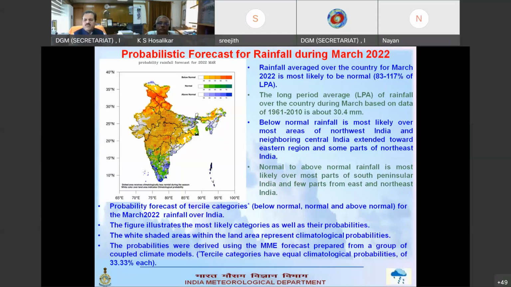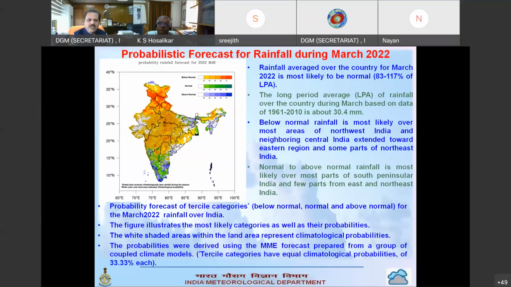Now, below normal rainfall is most likely for most parts of northwest India and adjoining central India, extended towards the east also. But we can expect normal to above normal rainfall activity over southern parts of the country, up to say South Andhra Pradesh, Karnataka, Kerala, and Tamil Nadu area, and also some parts of the eastern and northeastern states, especially some parts of Bihar, West Bengal, and Sikkim, and some parts of Nagaland, Manipur, Mizoram, Tripura, Meghalaya, where we can expect normal to above normal rainfall.